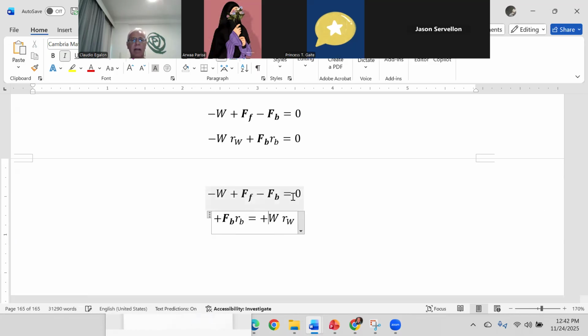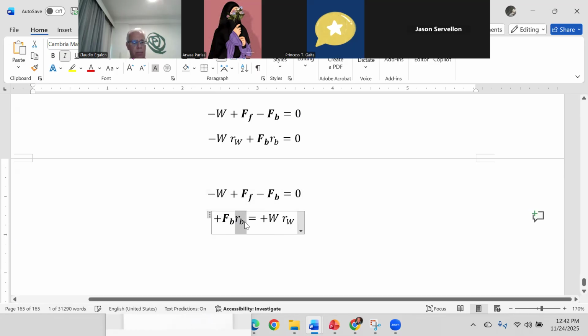Change the sign. And the R position of the bolt goes to the right side as well. So we know the value of the force that the bolt is applying to the board.